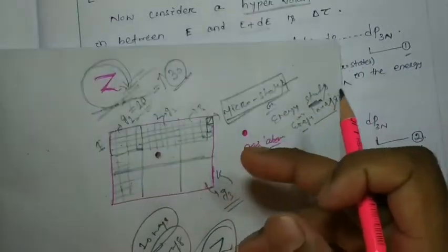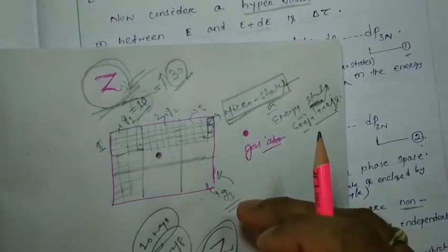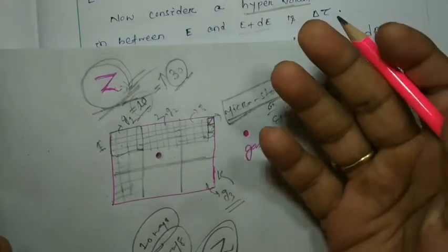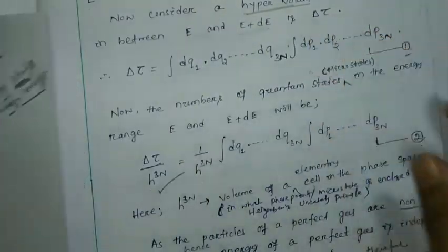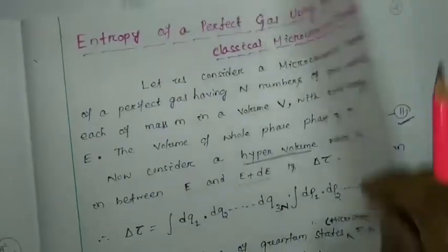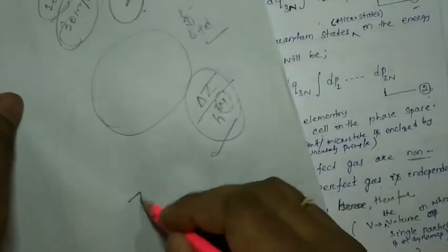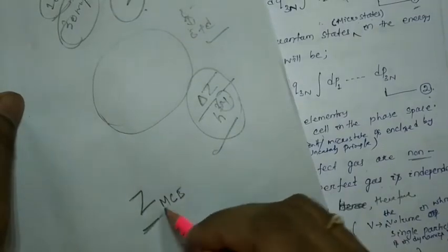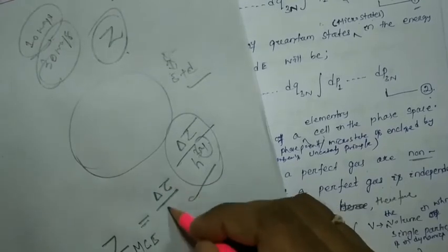So here we can easily conclude that in the case of the microcanonical ensemble, the partition function will be nothing but your del tau by h to the power 3n.